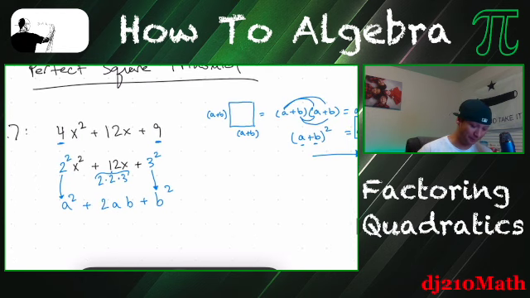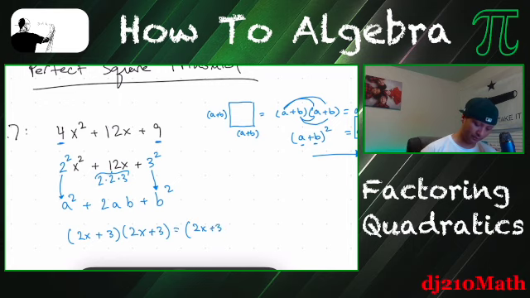And so this actually turns out to be 2x plus 3, or simply 2x plus 3 squared.